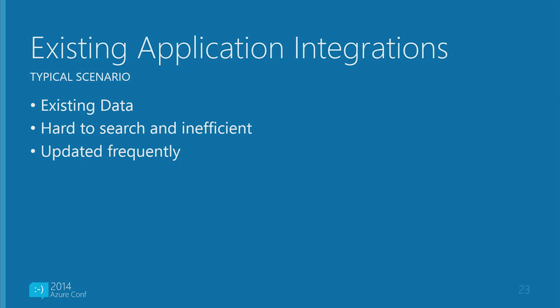A typical scenario here is that you have existing data, a high amount of data inside, for example, SQL Server, and then it's hard to search, and even if you handle that search, it's inefficient most of the time. It's also updated frequently. So with that scenario, what are the options for you to integrate Azure Search into your application?